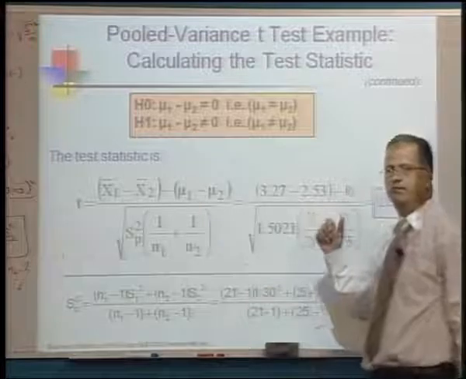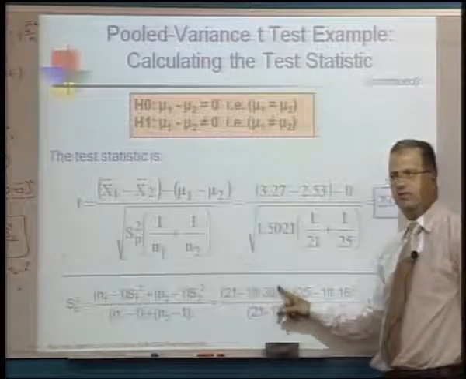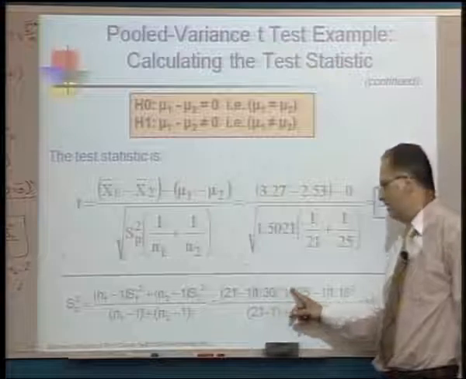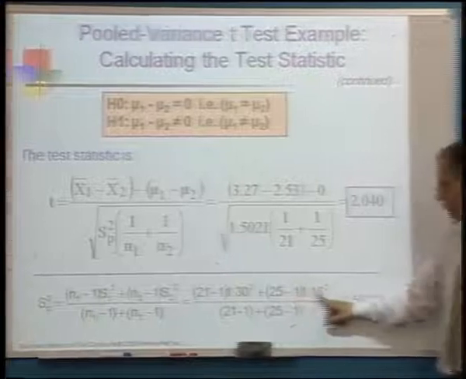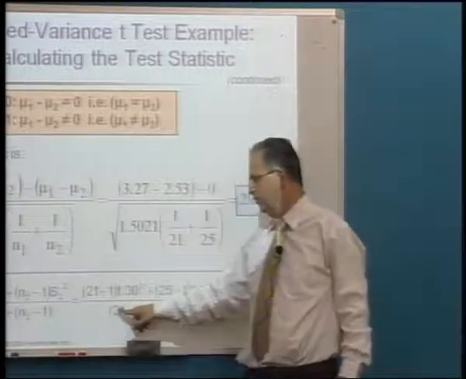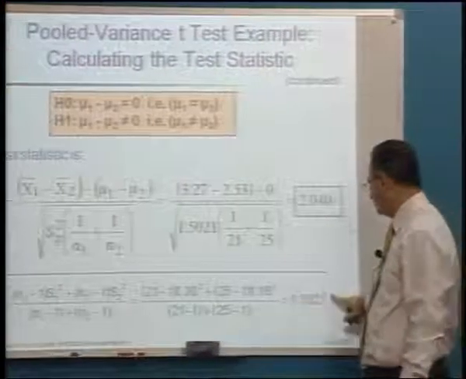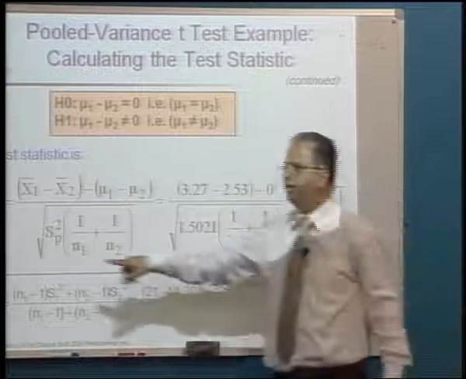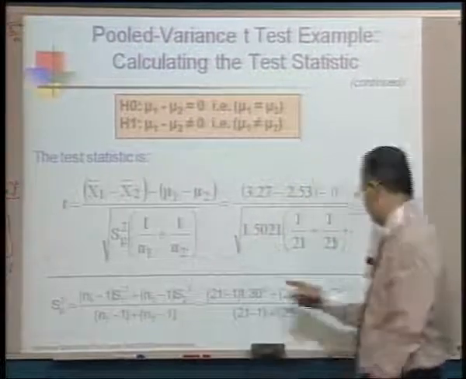We have the sample standard deviation of 1.3 for the first sample, so this is 1.3 squared. Plus n2 was 25, minus 1 times s2 square, 1.16 squared. Divide by n1 minus 1 plus n2 minus 1. That will give the pooled sample variance, which is about 1.5.